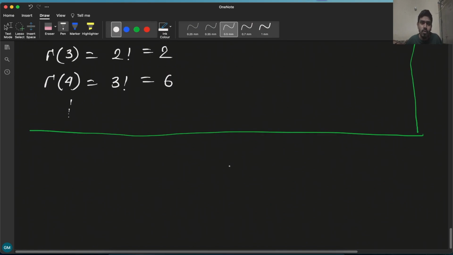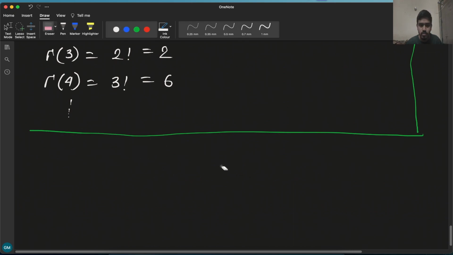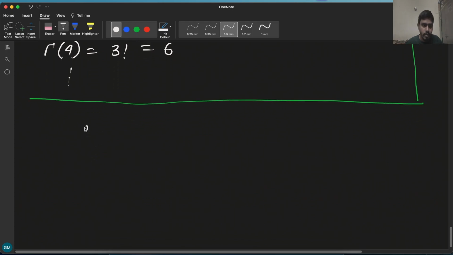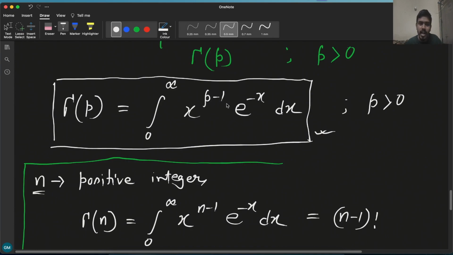So now what happens if we have some non-integral values? For example, gamma of, let's say, p plus 1, and I want to know how it is related to gamma p. n I am reserving for integral values, and p is a common parameter.